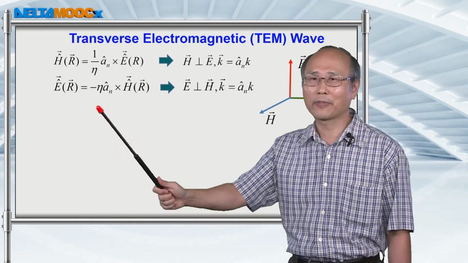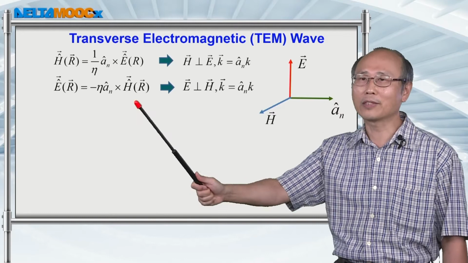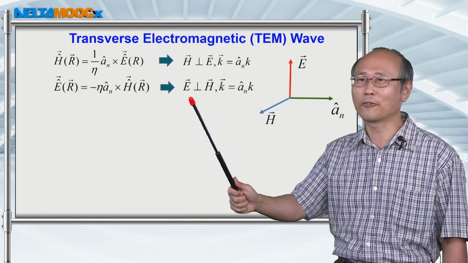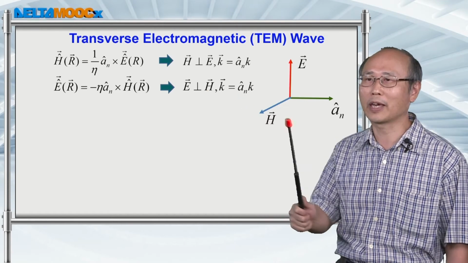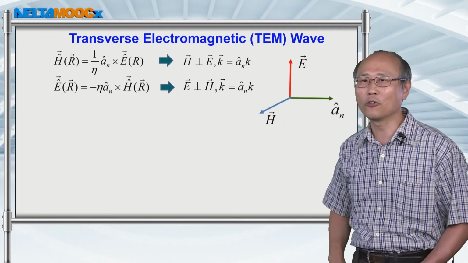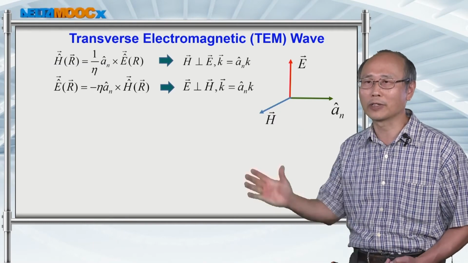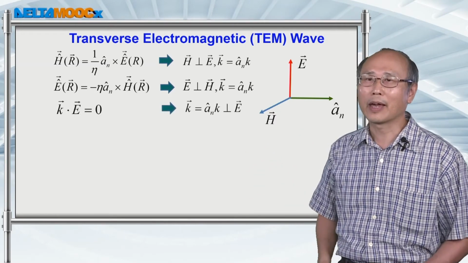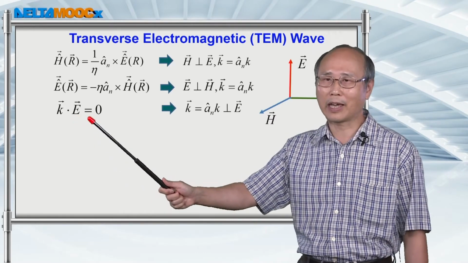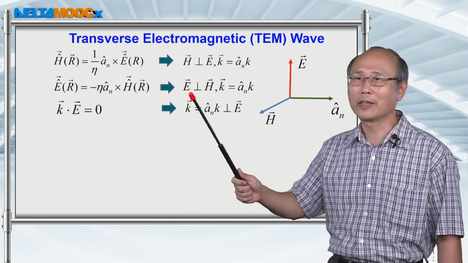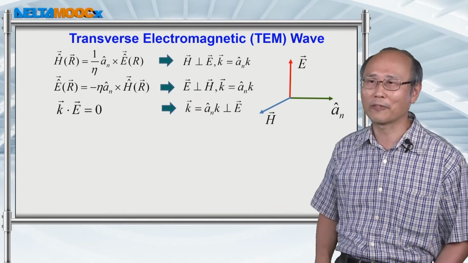Then we have the second expression from Ampere's law, which also tells you that the electric field is perpendicular to the H field and also the k vector. And don't forget that the relationship has to follow the right-hand rule. Finally, Gauss's law again confirms that the electric field has to be perpendicular to the k vector.